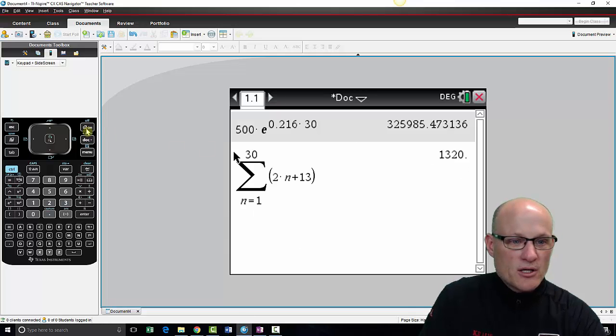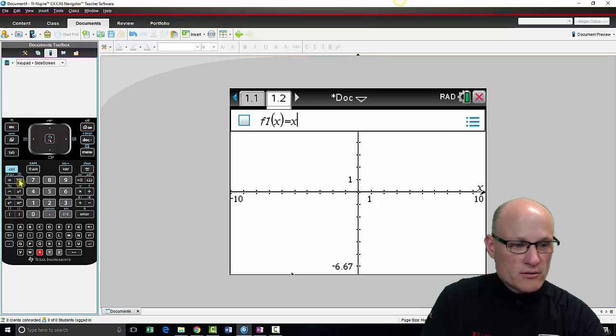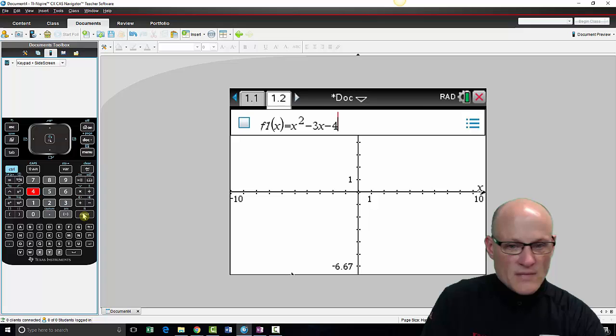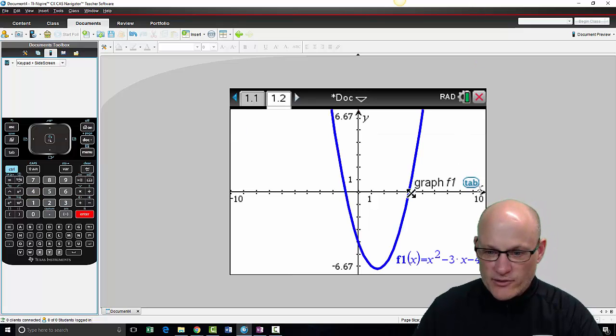So I'm going to come over here and go into graph mode. And I'm going to enter x squared minus 3x minus 4 and press enter. Now, notice here, check this out. Wherever this is above, that's positive.